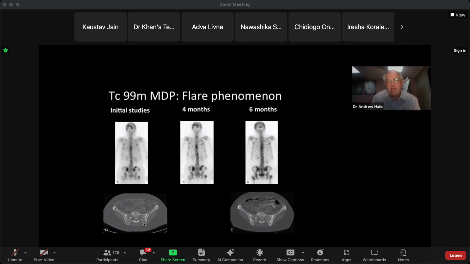In fact, you can see on this CT image at the bottom, there are some lytic areas, and by the time we get to this 6-month image, they've become sclerotic. So although it might initially appear the patient was getting worse, in fact, this is healing of lytic areas with chemotherapy. Right. So it's a flare phenomenon.